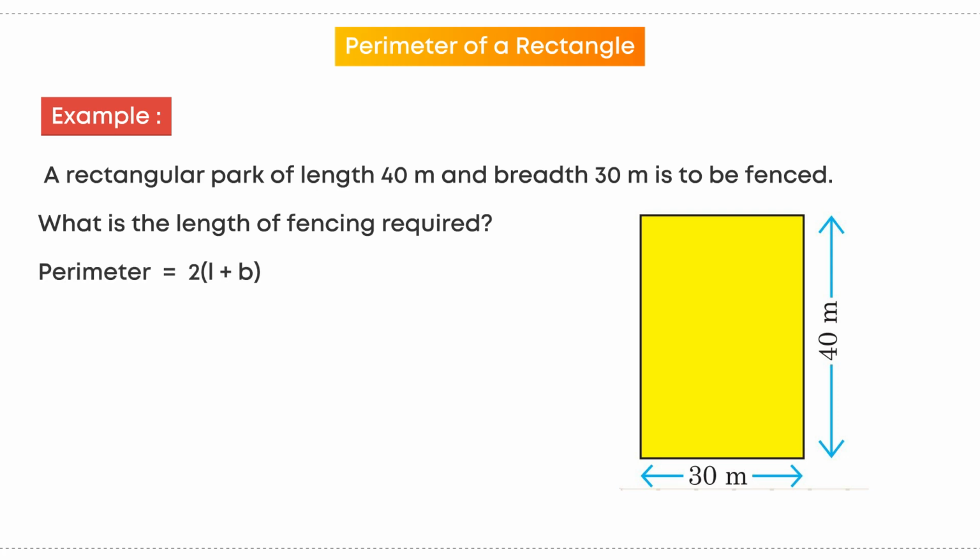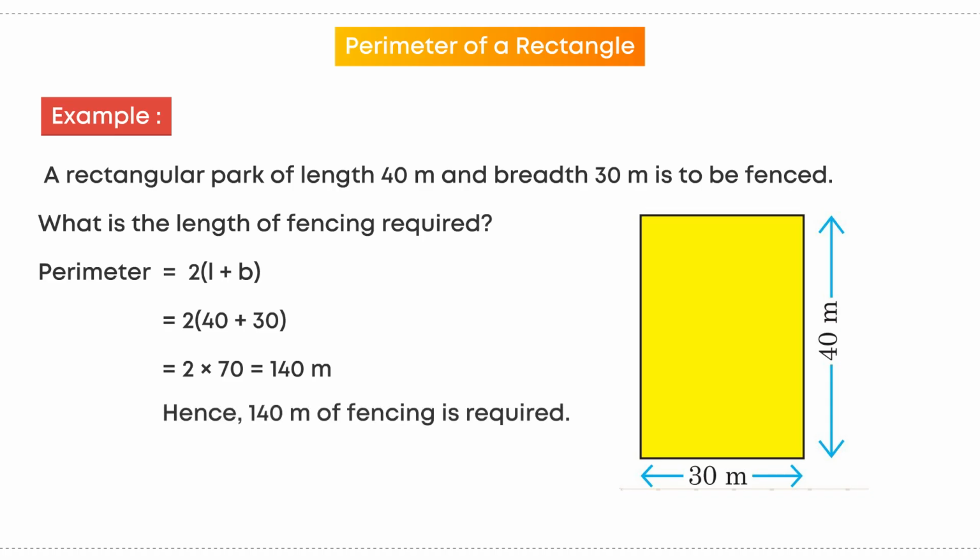Perimeter is equal to 2 into (length plus breadth), is equal to 2 into (40 plus 30), is equal to 2 into 70, is equal to 140 meters. Hence, 140 meters of fencing is required.